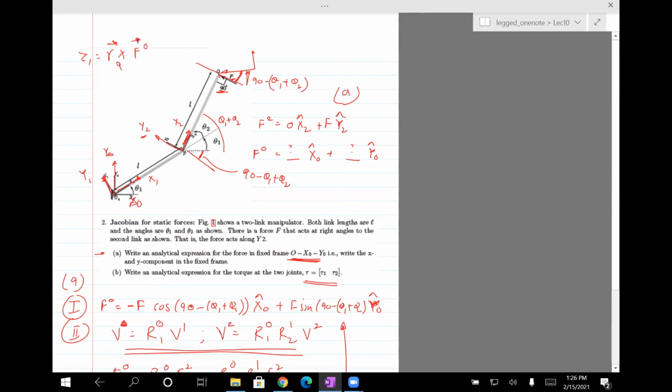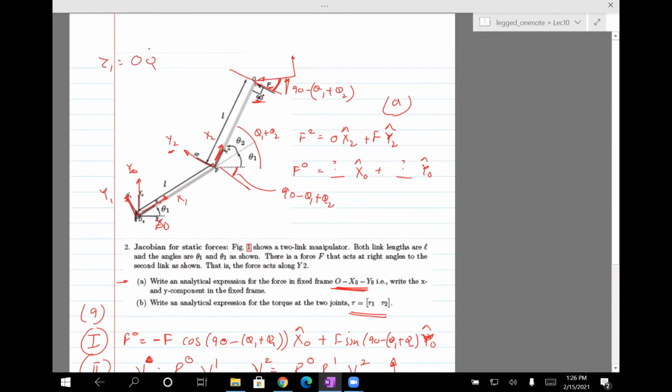You can't write force in the local frame, and so that should give you the torque at Q. But hold on, this vector should be from O to Q, so it should be OQ cross F0.